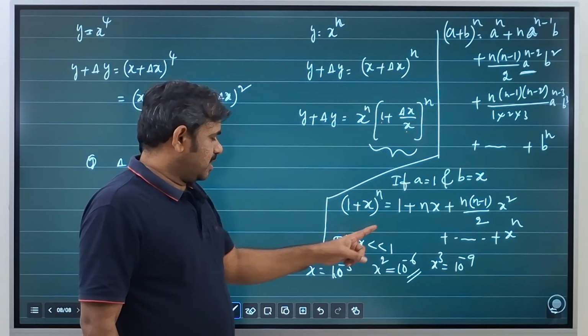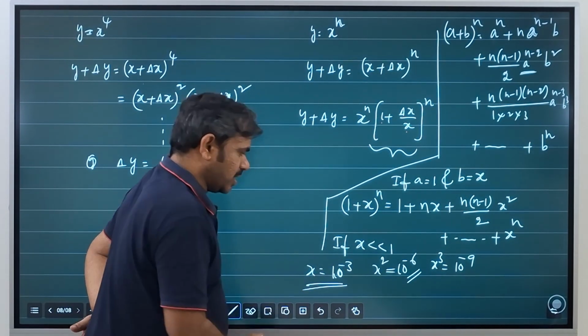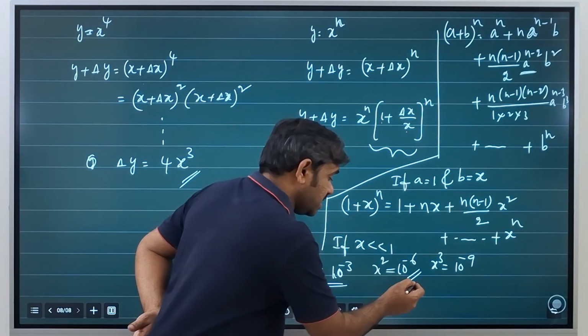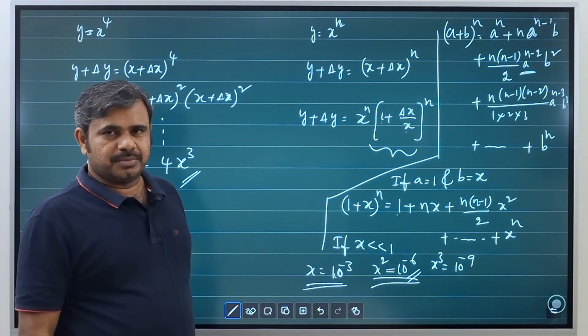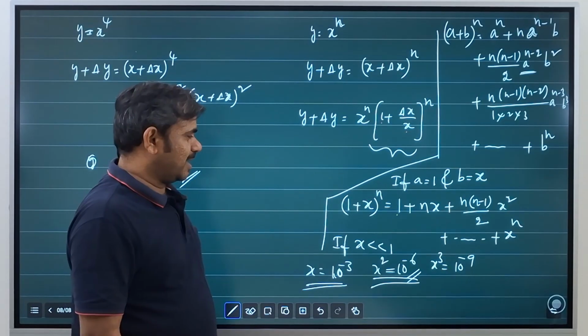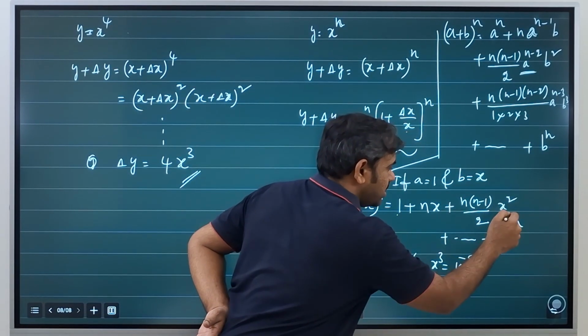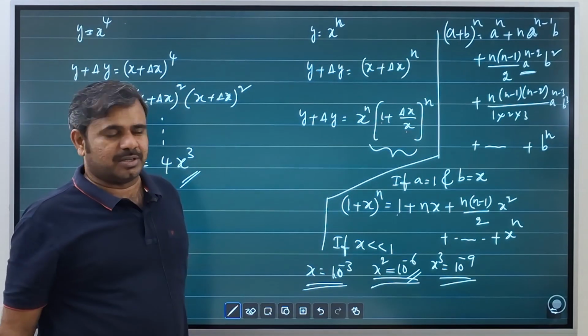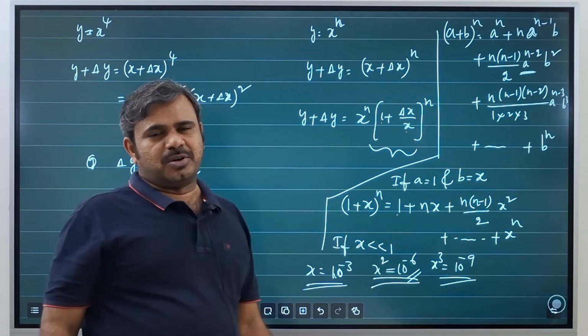So here x is 1000 times smaller than 1. x squared is 1 million times smaller than 1. x cube term, the next order term that you get in this expansion, is 1 billion times smaller than 1.